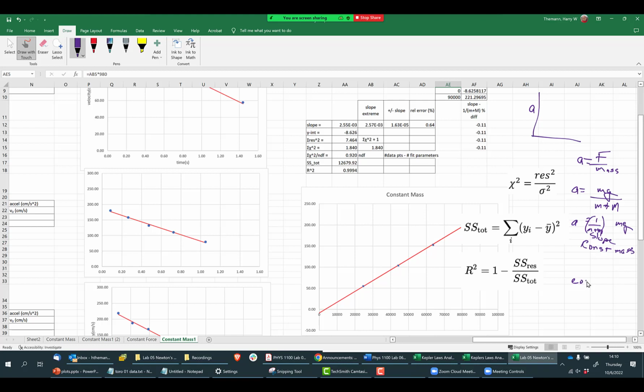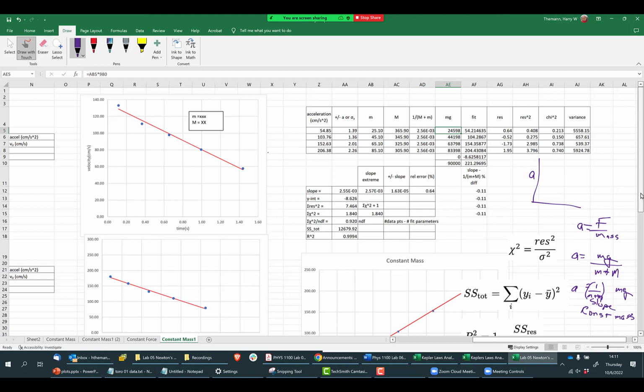When we do constant force, then mg becomes the slope, and 1 over little m plus big M becomes the x-axis. So in both cases we need 1 over m plus M, and in both cases we need mg, so it's slightly different than the lab manual.